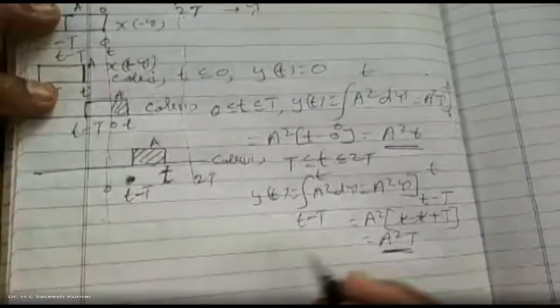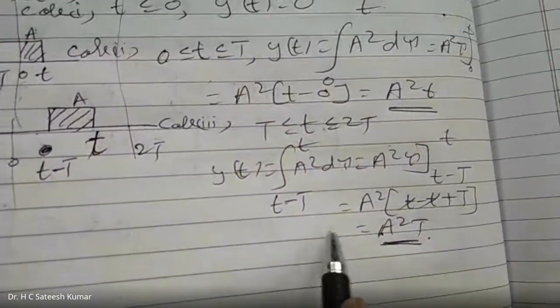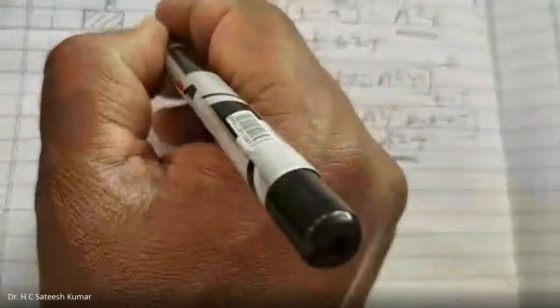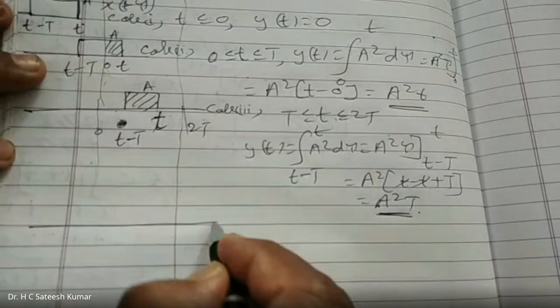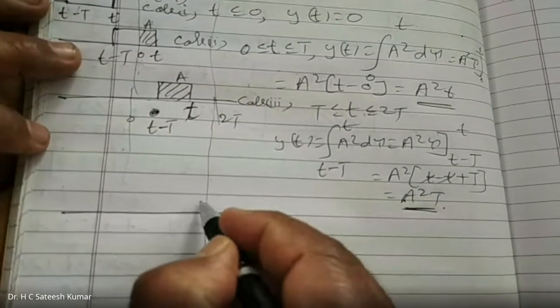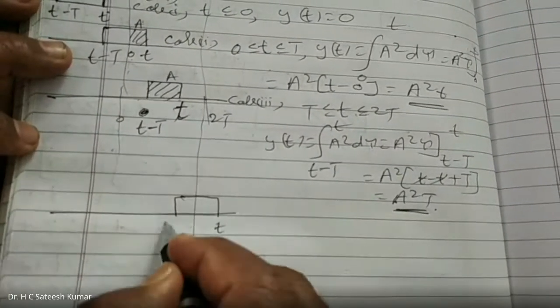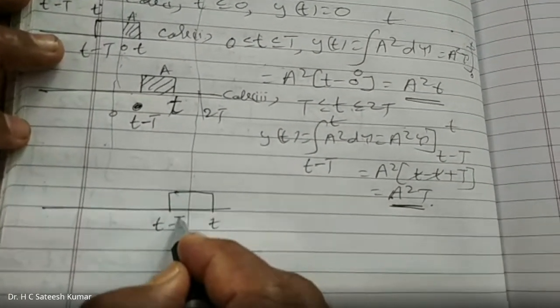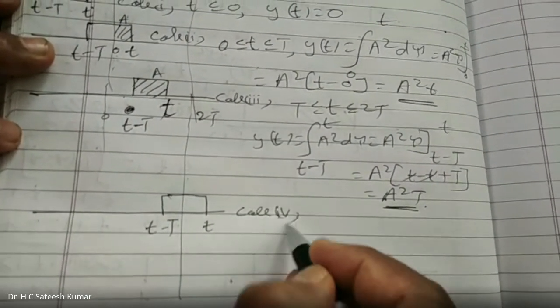Capital T is constant, small t is the only variable. So here there is no variable; A square is constant, T is constant, therefore the area is constant. Okay, right. Now case number 4. Now the area should go on decreasing. This is t, this is t minus capital T. Case 4, decreasing now.